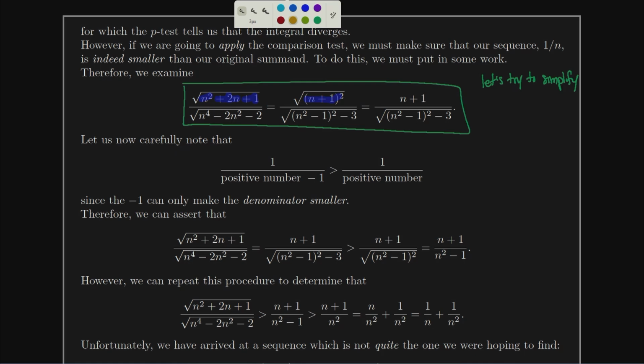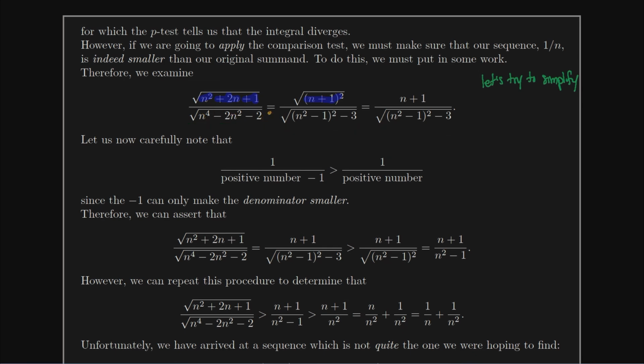In the denominator, it's not going to look quite so easy, but because it's a 4 and then a 2, and really that's n to the 0 power at the end there, we should think about this denominator also as a quadratic, but it's a quadratic of the variable n squared. So we've got n squared squared, that's playing the role of n to the fourth, and n squared is in the middle, and then n to the 0 power at the end.